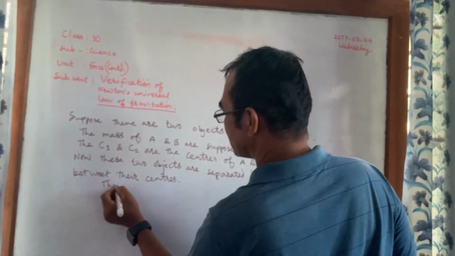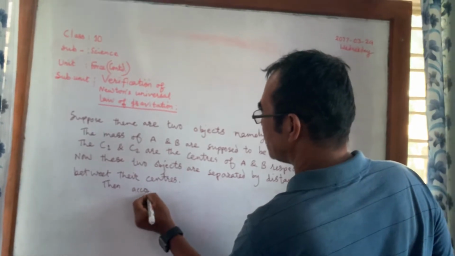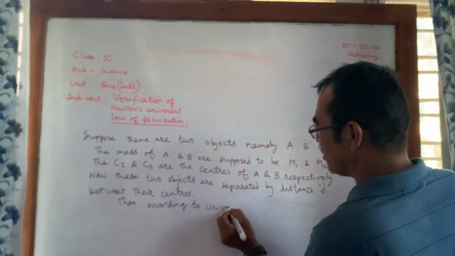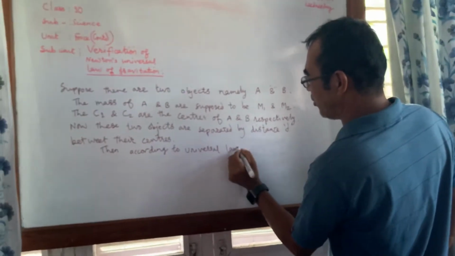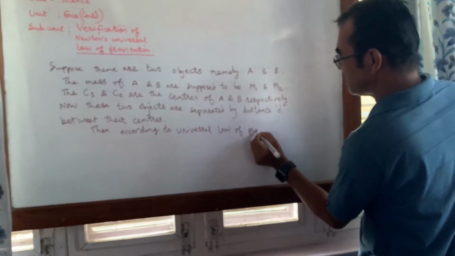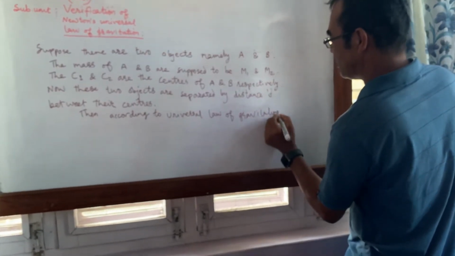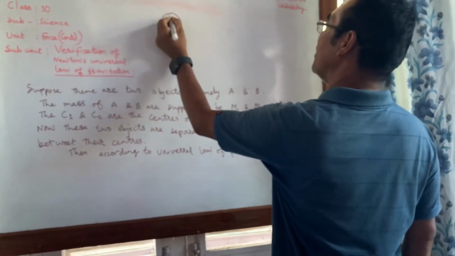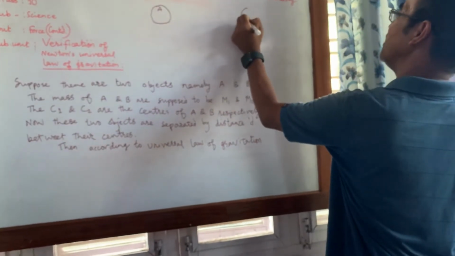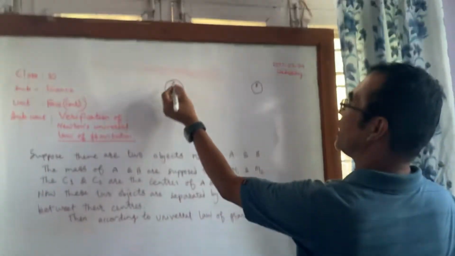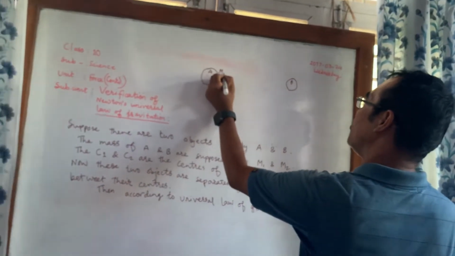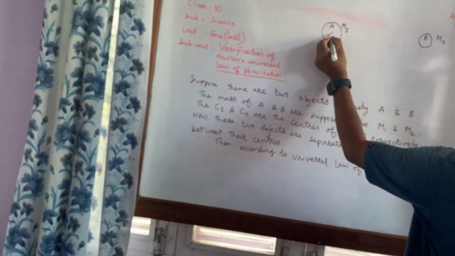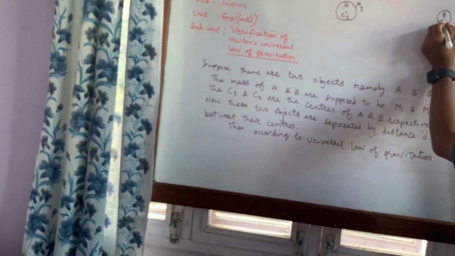Then according to the universal law of gravitation, object A and object B. Its mass is m1, its mass is m2, and its center is C1 and its center is C2.